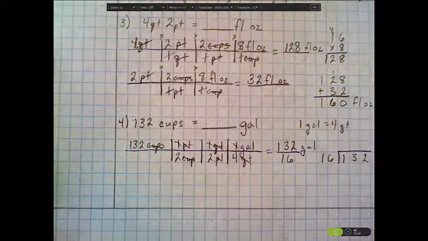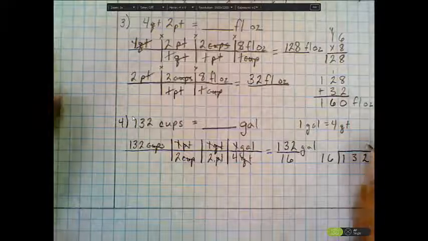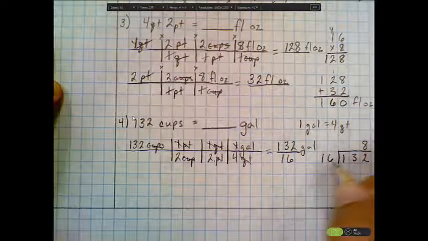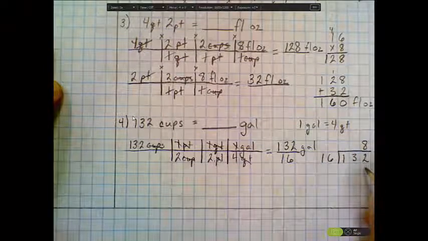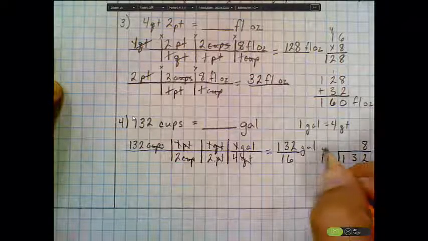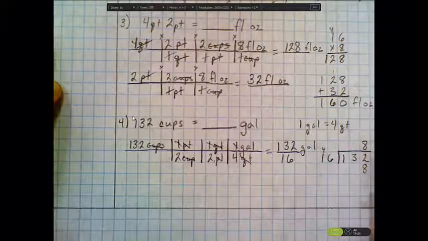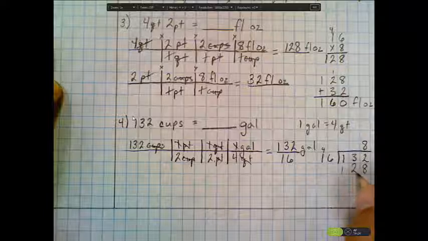Alright, so 16, I think 16 goes into 132 about 8 times. 8 times 6 is 48. 8 times 1 is 8, plus 4 is 12.